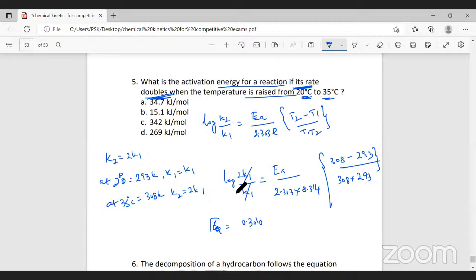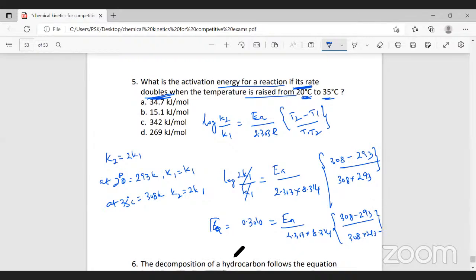Log 2 will be 0.3010. Remember at least the log values from 1 to 10. So 0.3010 will be equal to EA by 2.303 into 8.314 into 308 minus 293 divided by 308 into 293.